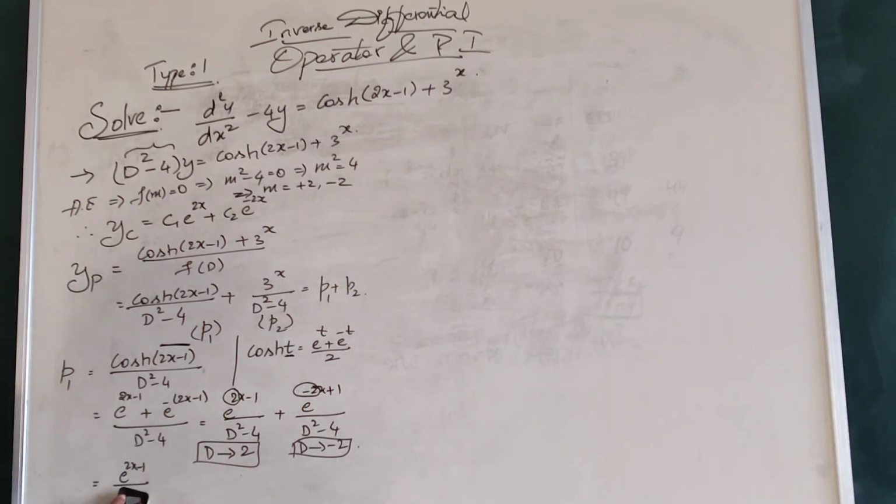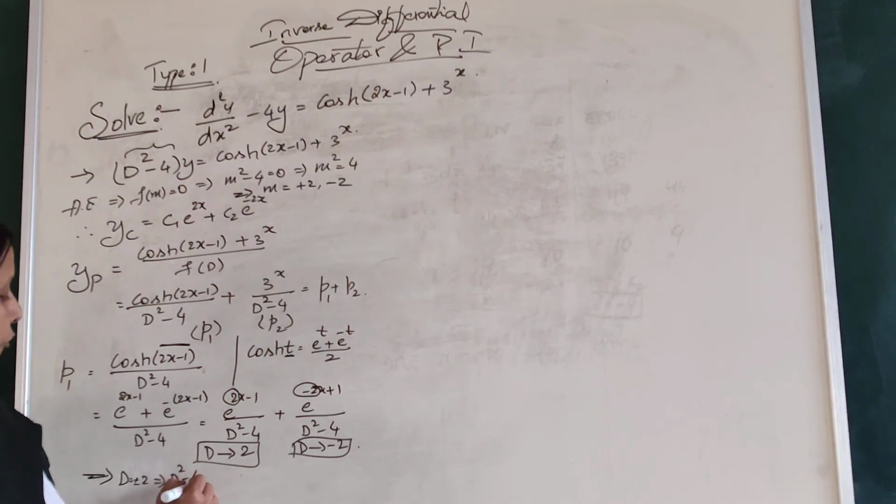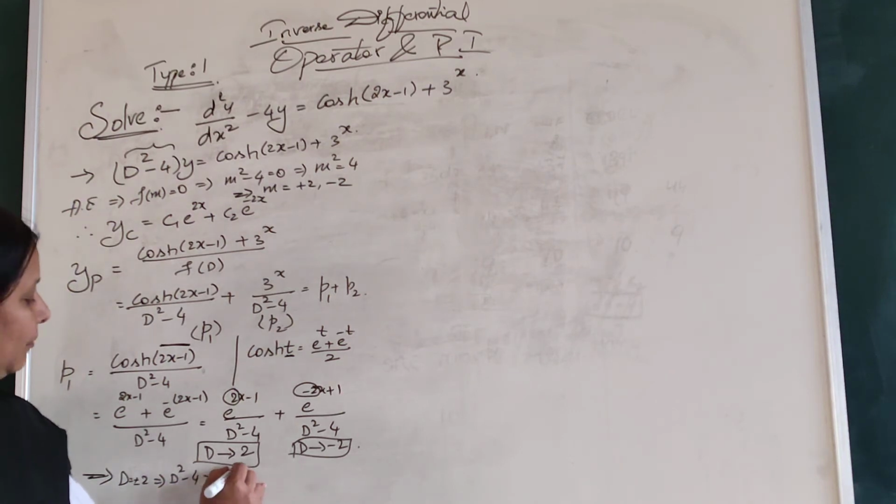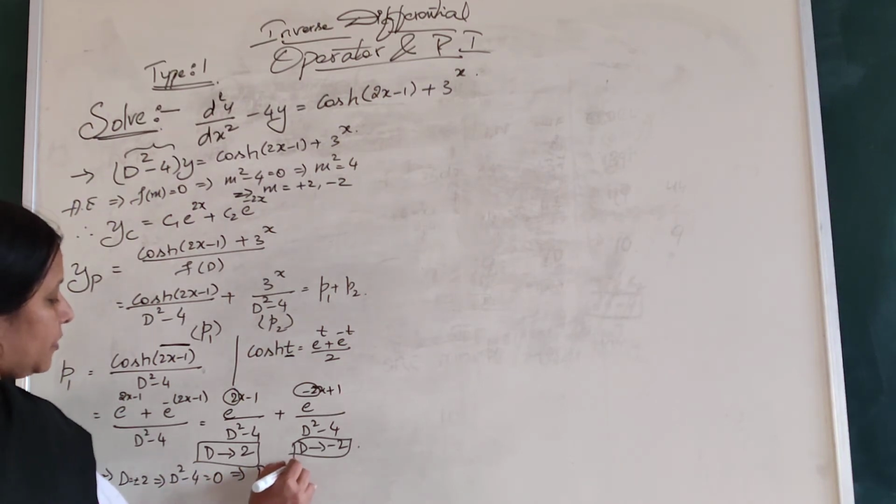So the denominator is 0. Even in this case also, it will be 0. This implies d is equal to 2, d square, not just positive 2, even the negative 2 also. So d square minus 4 is equal to 0. That implies the denominator equal to 0.